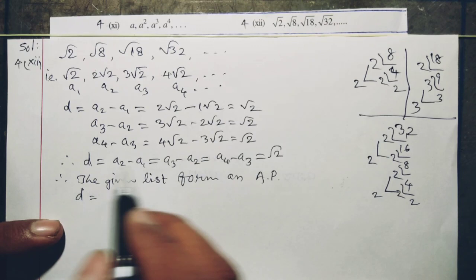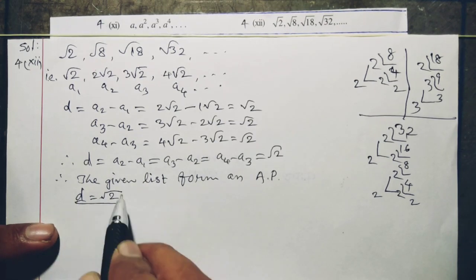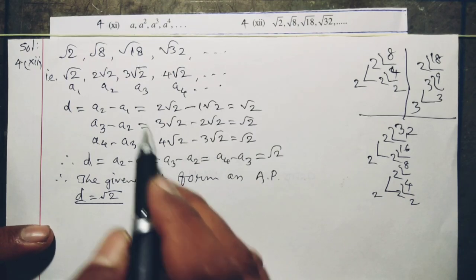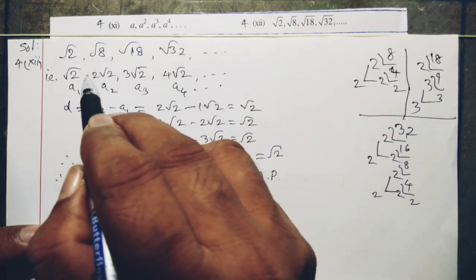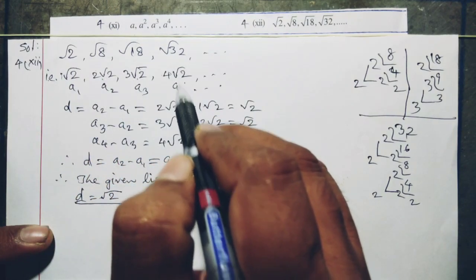The question asks for the common difference, so d is equal to root 2. Now we can write the next three terms. This is 1 root 2, 2 root 2, 3 root 2, 4 root 2, the 4th term is 4 root 2.